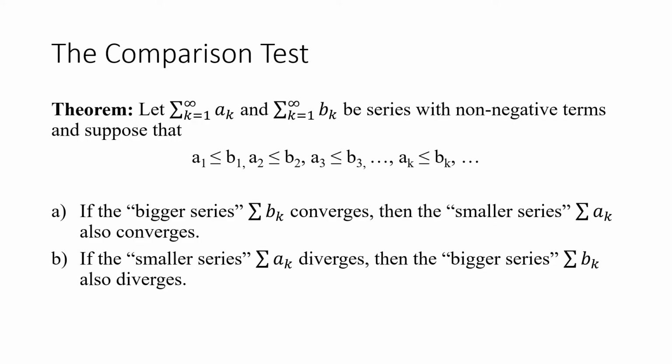If the bigger series, the summation of b sub k, converges, then the smaller series, the summation of a sub k, also converges. And if the smaller series, the summation of a sub k, diverges, then the bigger series, the summation of b sub k, also diverges.